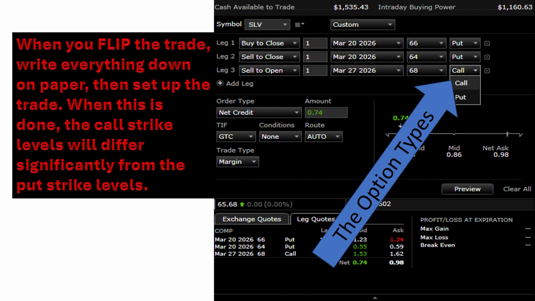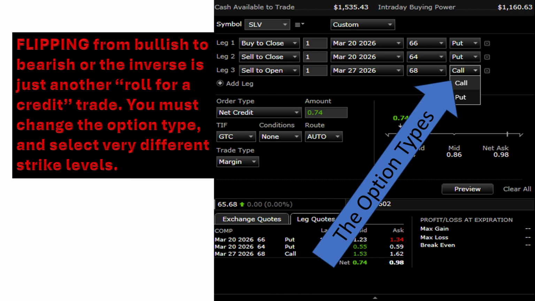Then set up the trade. When this is done, the call strike levels will differ significantly from the put strike levels. Flipping from bullish to bearish or the inverse is just another roll for credit trade. You must change the option type and select very different strike levels.